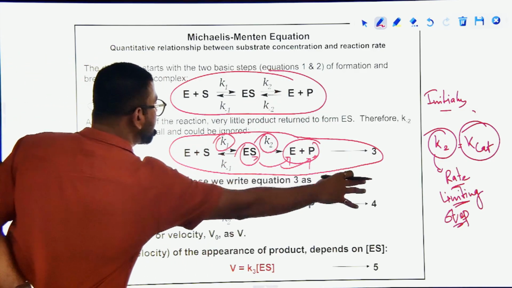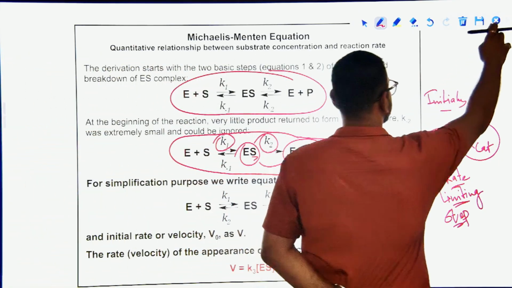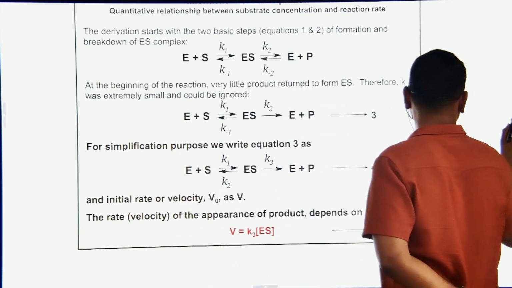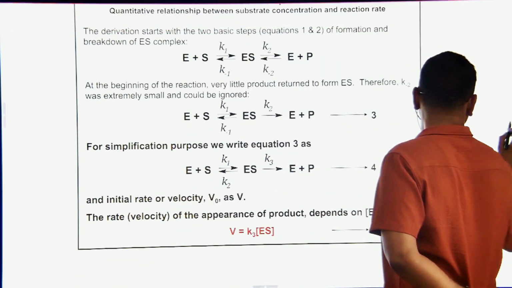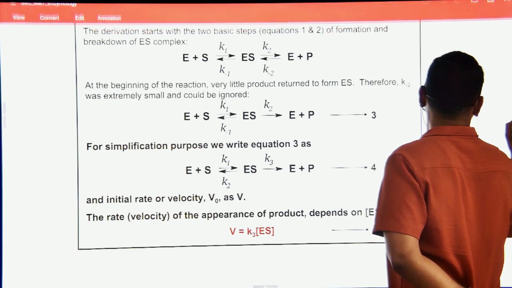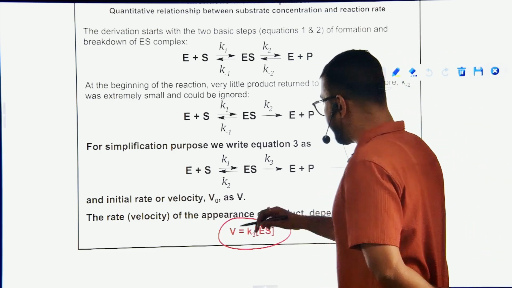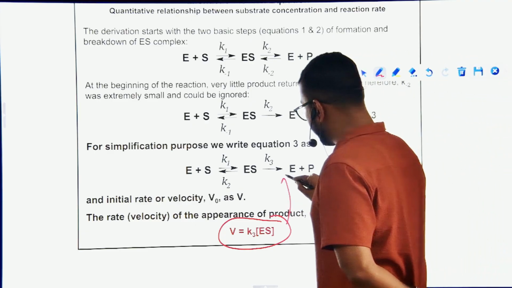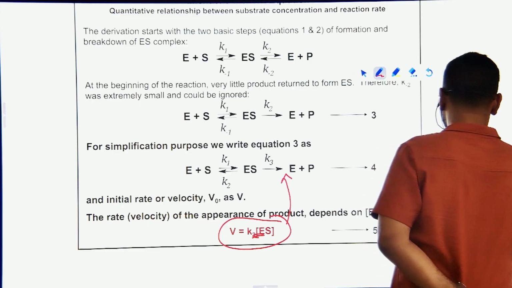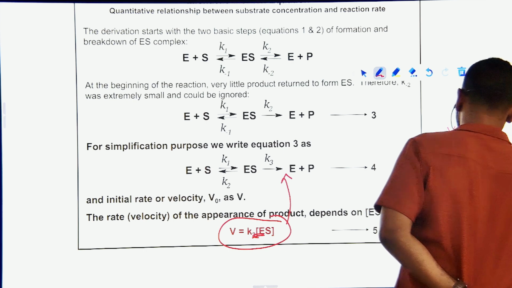If that kind of a thing is occurring, then we can easily state V equals K3 into ES. V naught, we all know, equals Vmax into substrate concentration divided by substrate concentration plus Km.